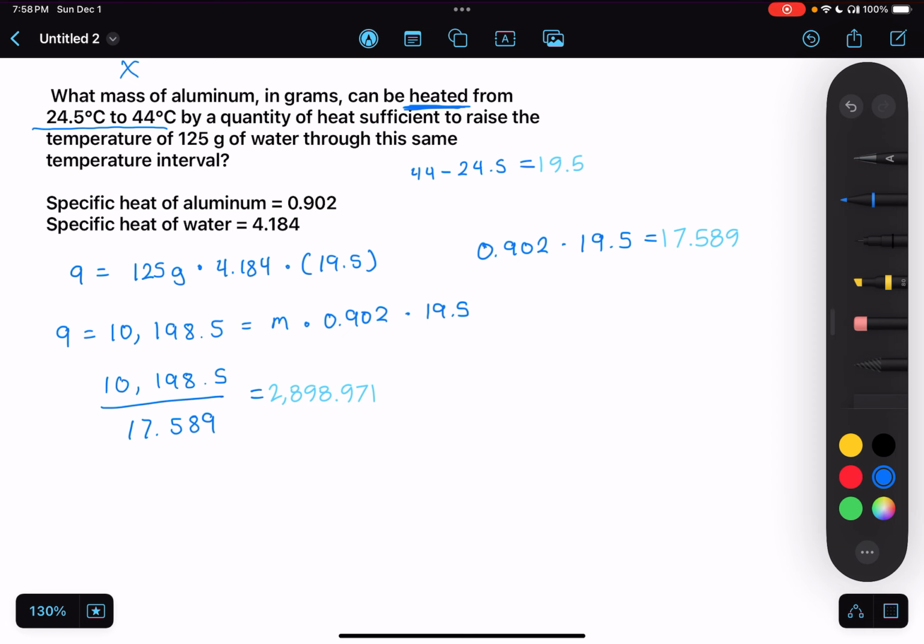Wait a minute. 19.5 times 0.902 gives me something different on the calculator. Oh, wait, hold on. It's because I did something different. 19.5 times 0.902. Okay. Now we got that the same.